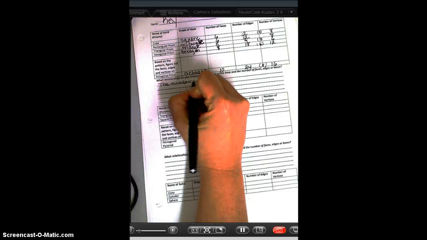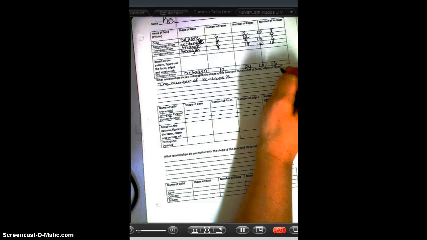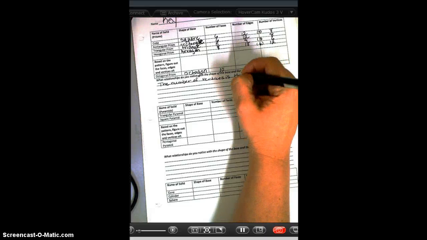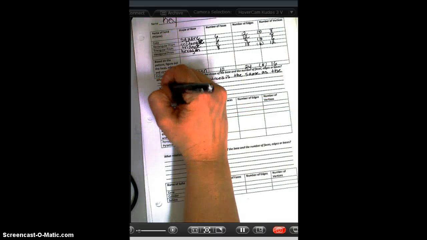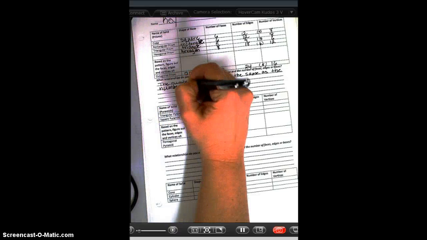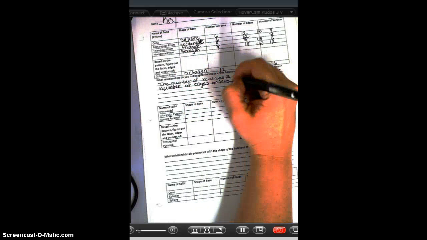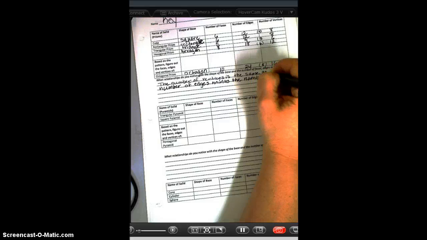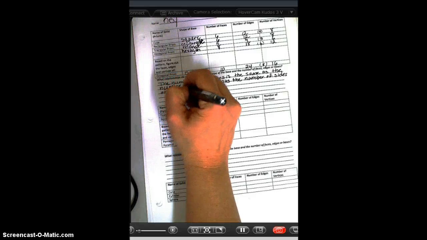The number of vertices is the same as the number of edges minus the number of sides on the base. Okay, that was one thing I noticed.